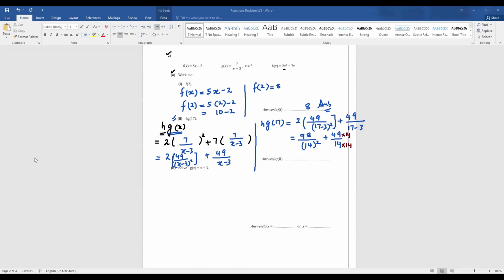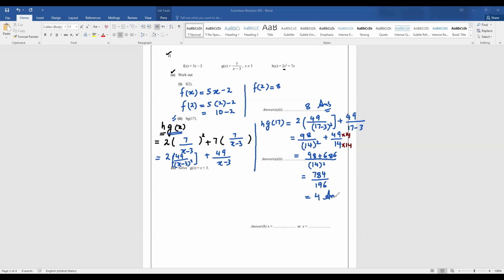The first fraction has 14 square, which is 196, with 98 on top, plus when we multiply 49 by 14, the value is 686. 686 plus 98, the answer will be 784 divided by 196. When we divide 784 by 196, the answer is 4.